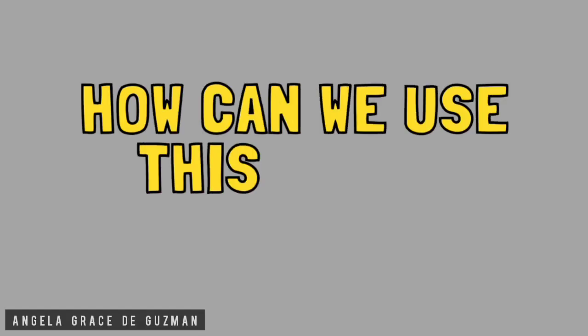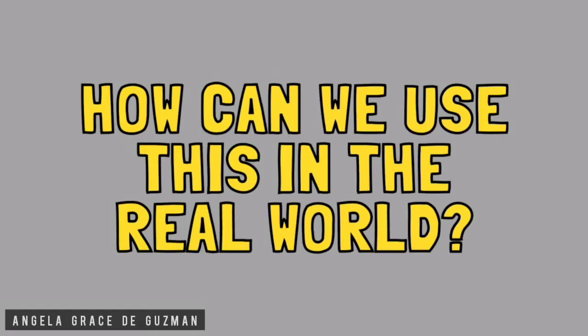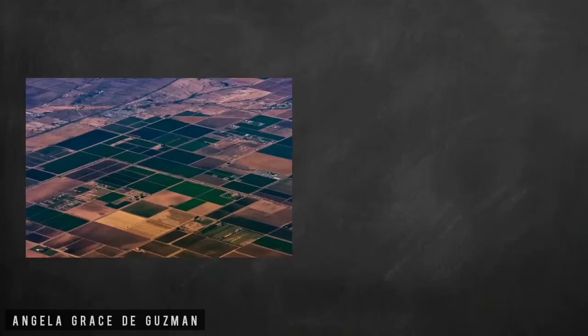So how can we use this in the real world? So let's say for example that you are a farmer and kailangan mo hanapin yung area of your field in order to know how much fertilizer you are going to buy. And that will be no problem if your field is a square or rectangular shape like this, because in that case you will just take length times width to get the area.